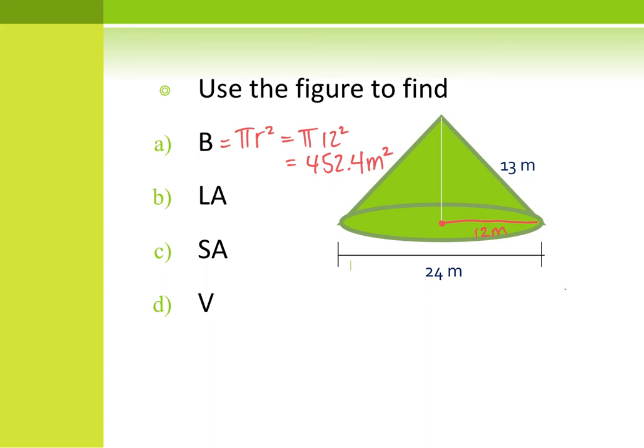What's the lateral area? Pi r times L, which stands for what? Slant height, okay? This is the slant height, all right? So then it's going to be pi, what was our radius? 12, and our slant height here is what? 13.